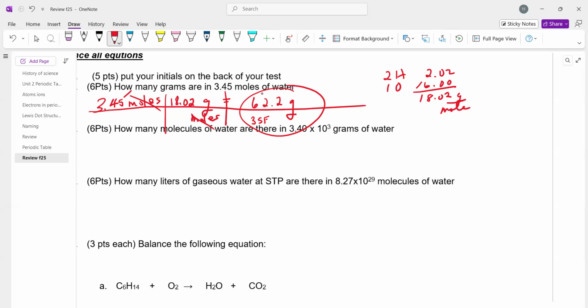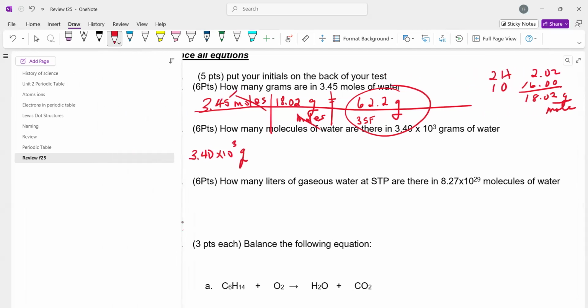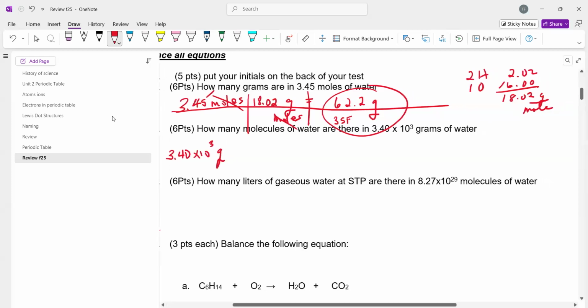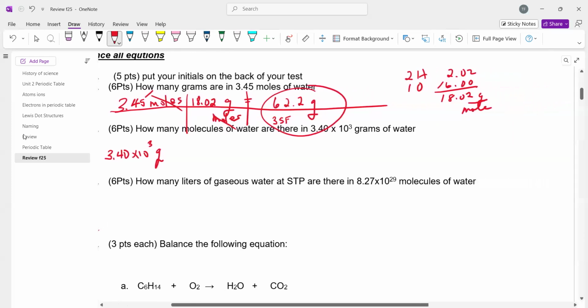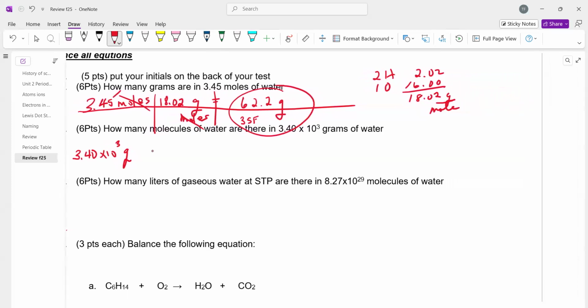Okay, how many molecules of water are there in 3.4 times 10 to the third grams of water? So we're starting with grams of water as the given. We want to find out how many molecules.